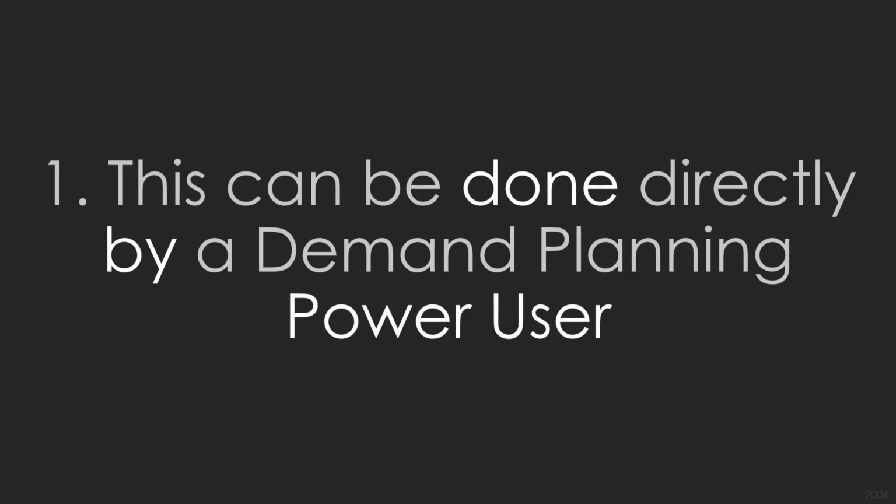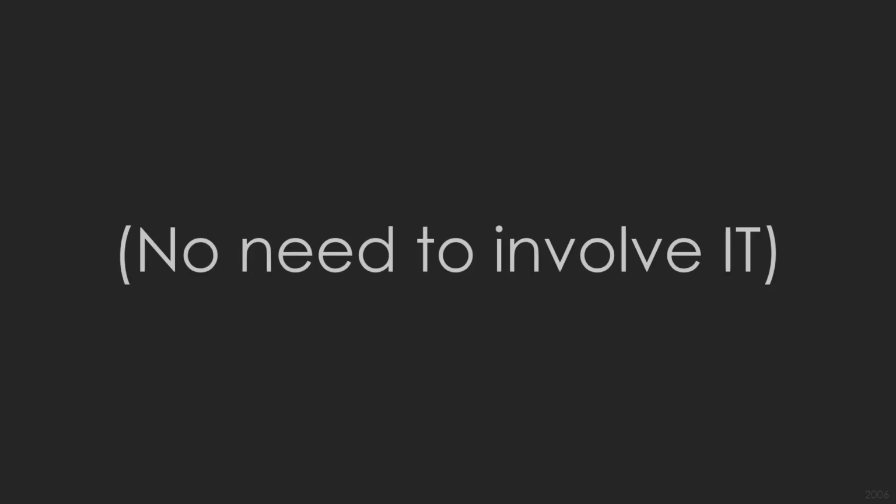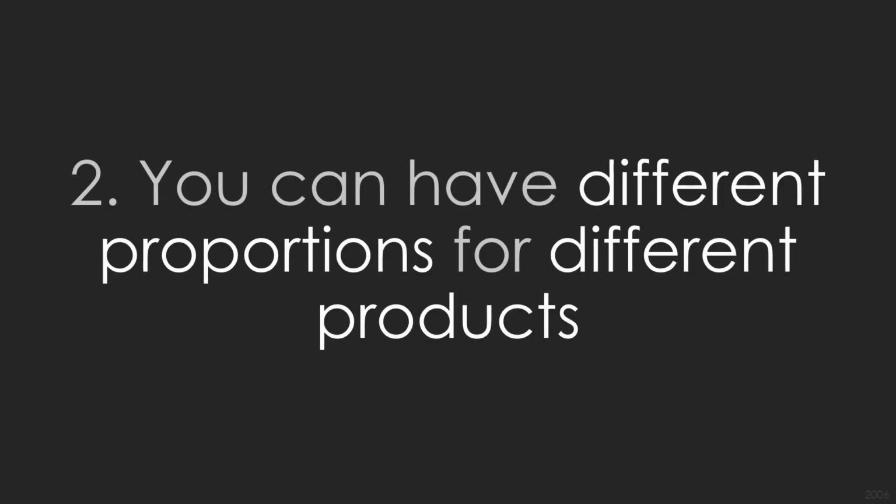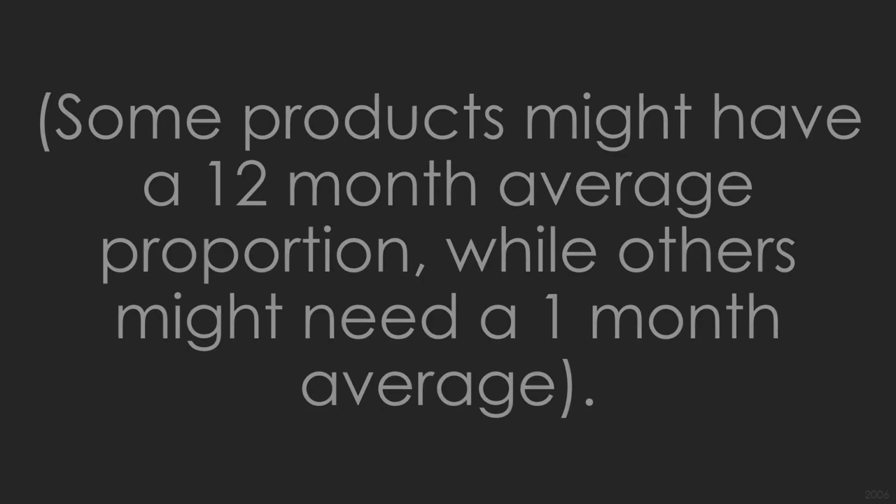One, this can be done directly by a demand planning power user. No need to involve IT. Two, you can have different proportions for different products. Some products might have a 12-month average proportion, while others might need a 1-month average.